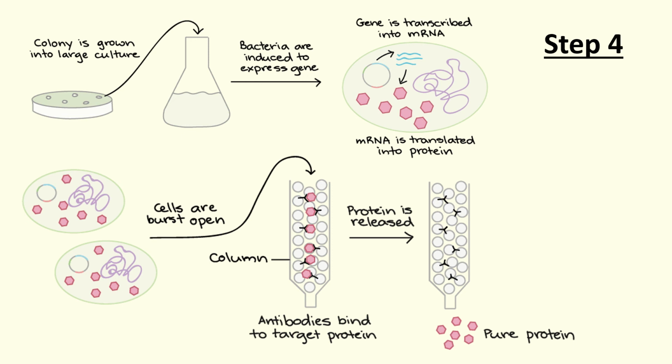As they do, if you're using the insulin example again, as that mRNA gets transcribed and translated into the protein, then we take those bacteria, we kill them by bursting open the cells, and then we can filter it through different types of filtration methods in order to get the protein out. Okay, the bacteria have served their purpose. We kill them. We take the insulin for ourselves. And that is our recombinant DNA transformation process.